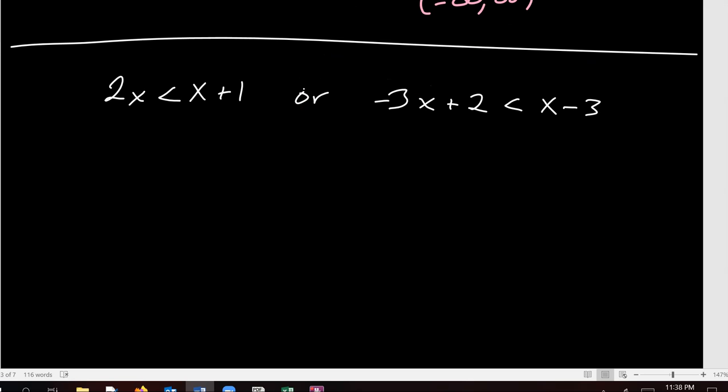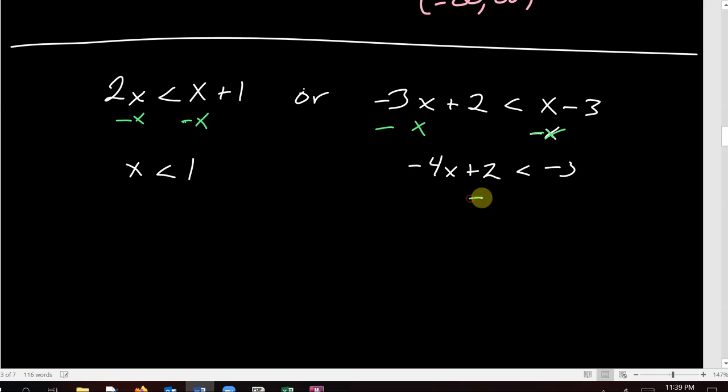So again, solving these, I'll subtract x from both sides on this one, and x is going to be less than 1. Now we'll have a couple of steps on the other one. Just for example's sake, I'm going to subtract x from both sides. So negative 4x plus 2 is less than negative 3.